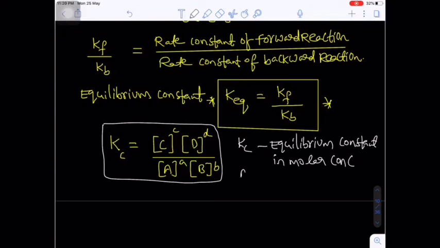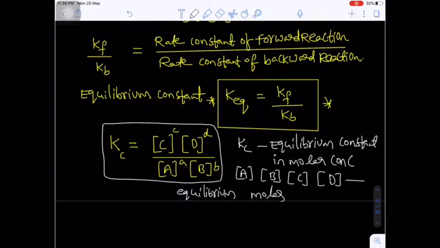Now what are the square bracket of capital A, capital B, capital C and capital D? Equilibrium molar concentrations of A, B, C, D respectively.